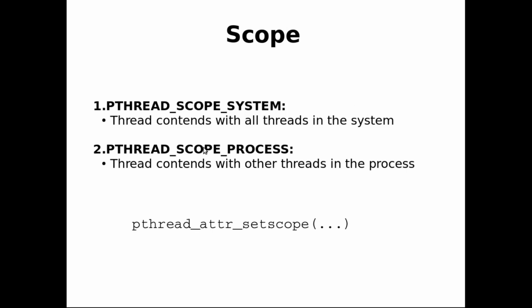The other possible value is scope process, in which case the thread contends with other threads from the same process only. It will not contend with threads from other processes. So for example, if it has to fight for the CPU resource, the thread will fight with only threads from the same process. And this attribute can be set using the set scope function, and that is the last attribute.